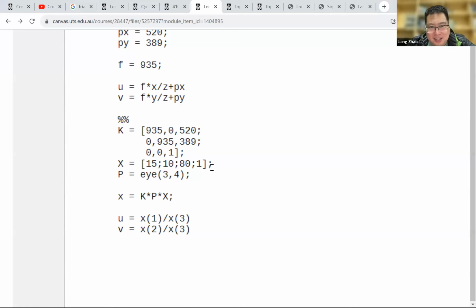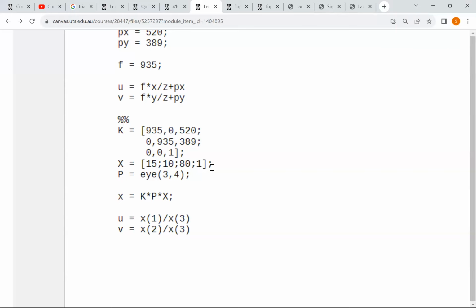So in this case, the first divided by the last one is still 15 if you multiply by n. That's why we use homogeneous points. If you have a homogeneous point and multiply by a non-zero value, it represents the same point.